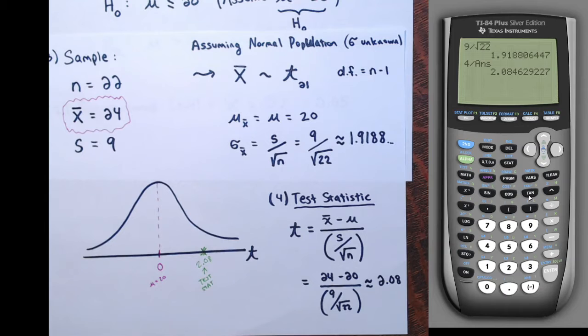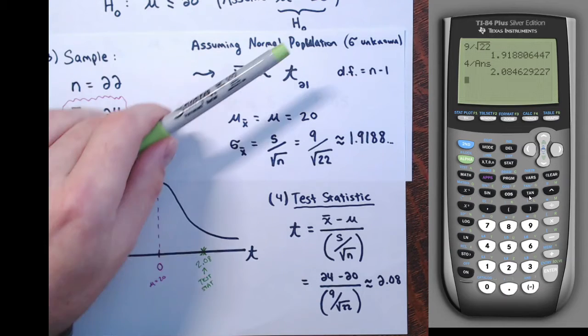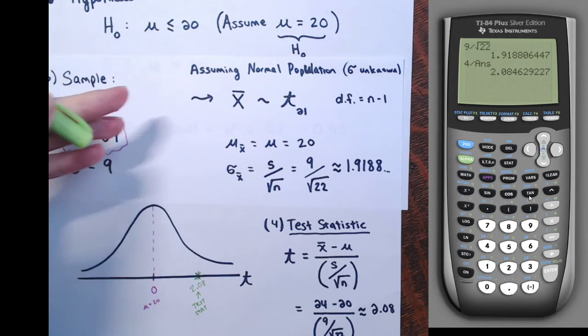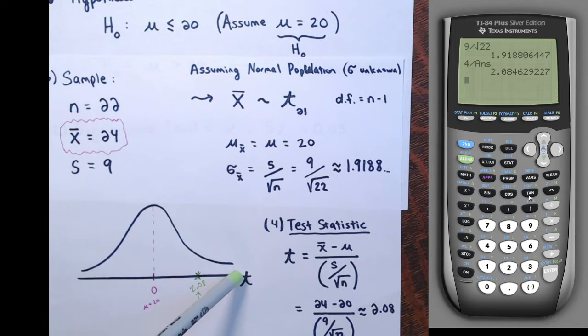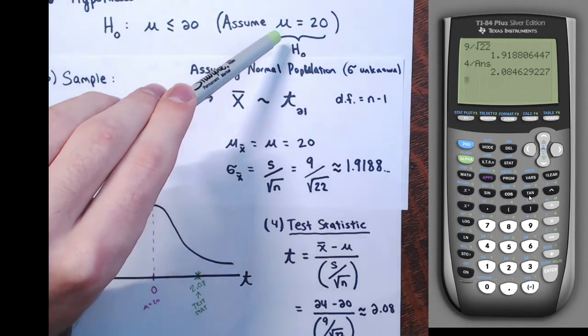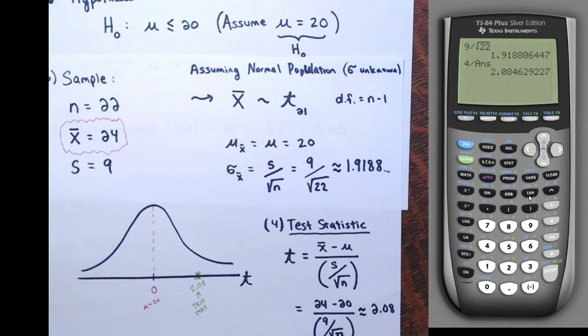The question is now, is that so far away from the middle that I'm going to reject the assumption that the mean is 20? Because if this is really far away, then chances are that assumption is wrong and the mean is not 20.